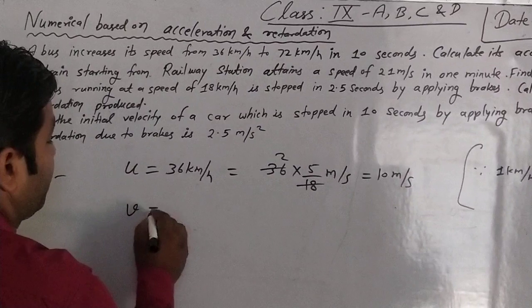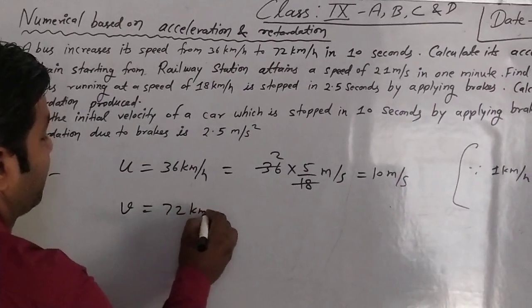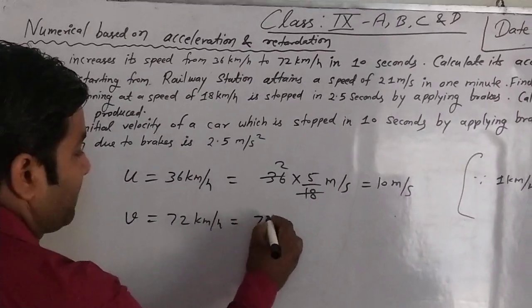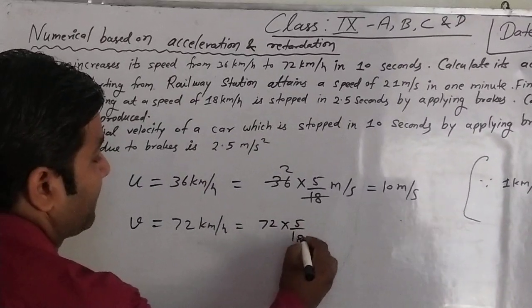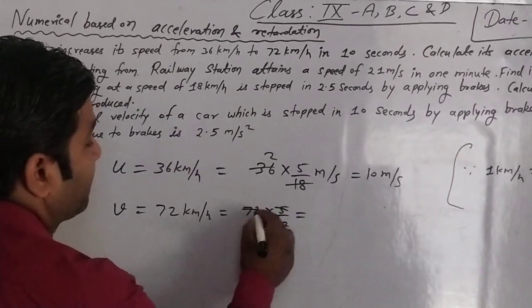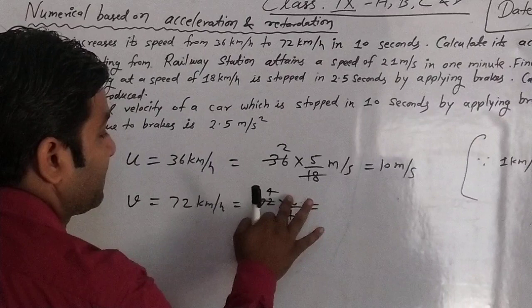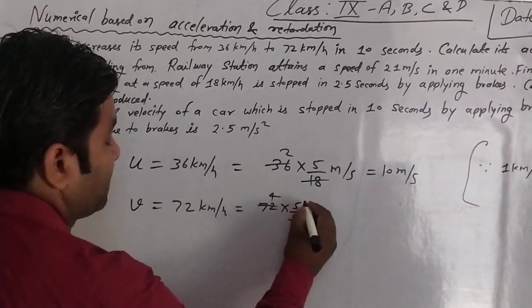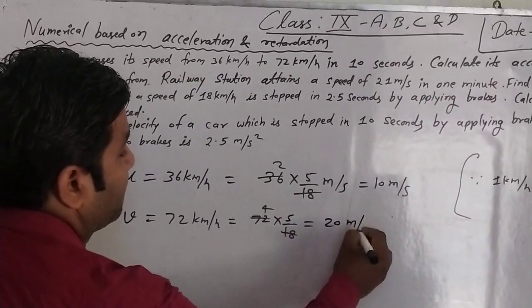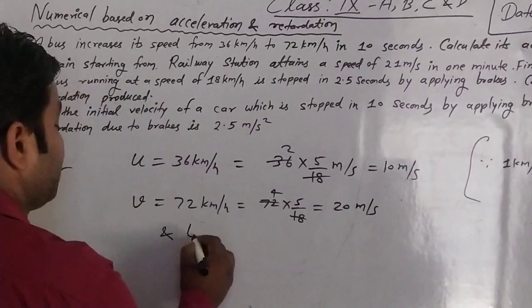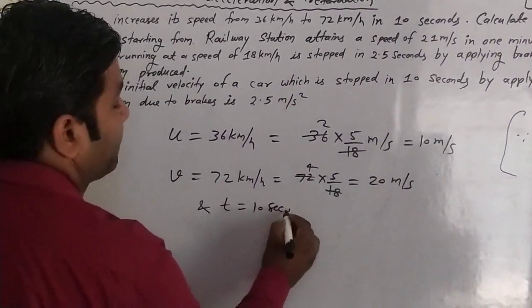And v is equal to 72 km per hour, that is 72 into 5 upon 18. 18 fours are 72, and 5, no need to cancel out. Then 5 fours are 20 meter per second. And time is also given, t is equal to 10 seconds.